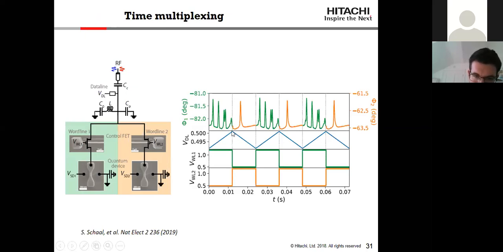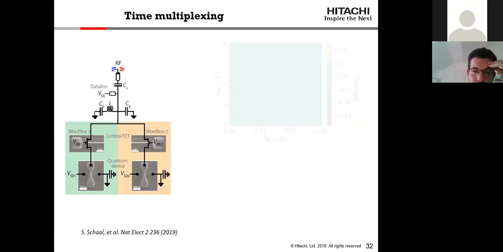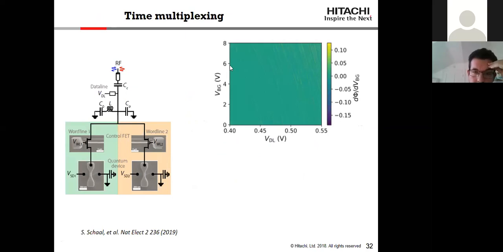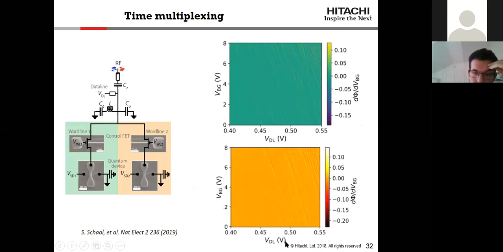Now, as we sweep the data line voltage, we can read the state of the other quantum device. So we can do this dynamically for different backgate voltages and extract the stability map of device 1 and device 2 in just a few hundred milliseconds.